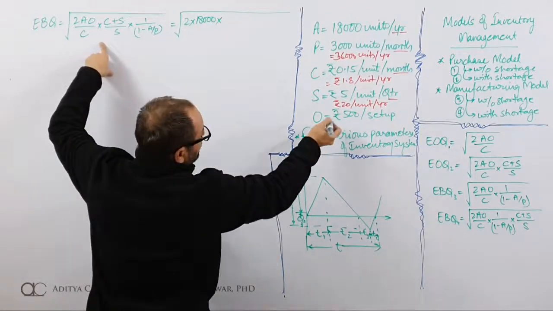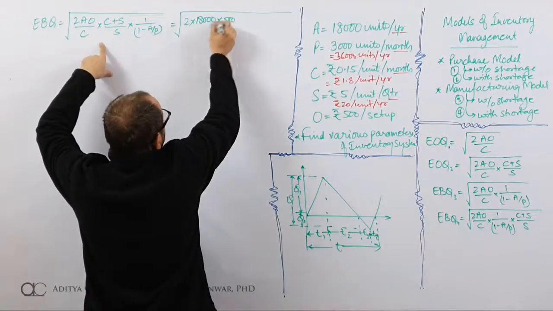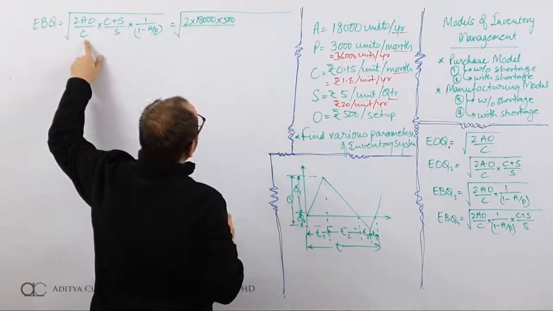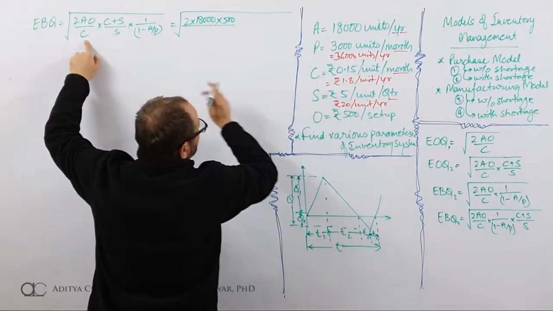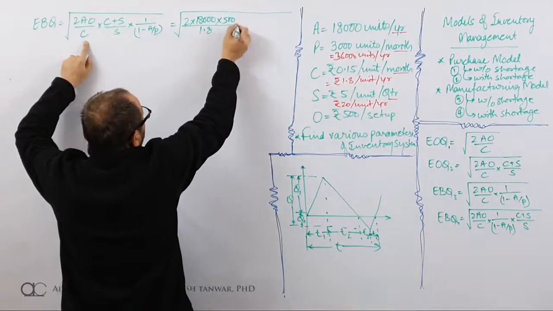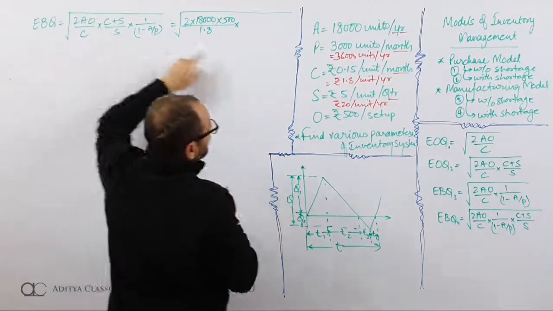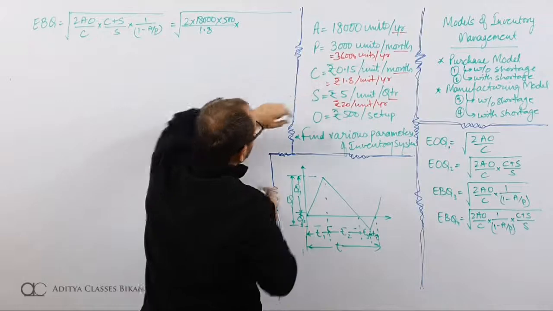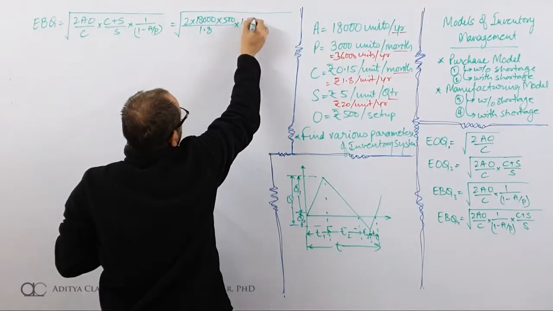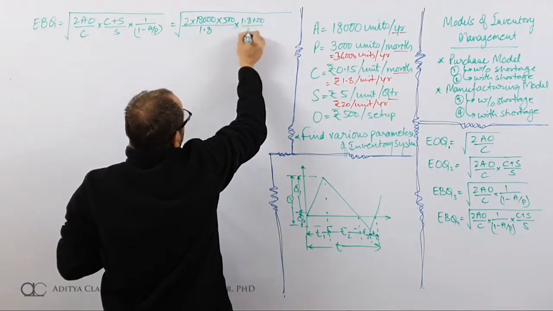Ordering cost is, setup cost is 500. Then we have a carrying cost. Carrying cost is 1.8. Then next factor, C plus S upon S. C plus S, that is 1.8 plus 20, upon 20.